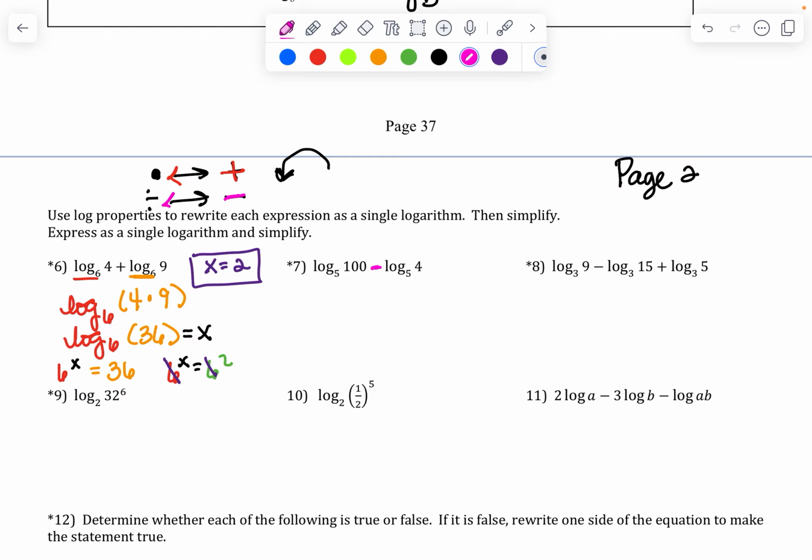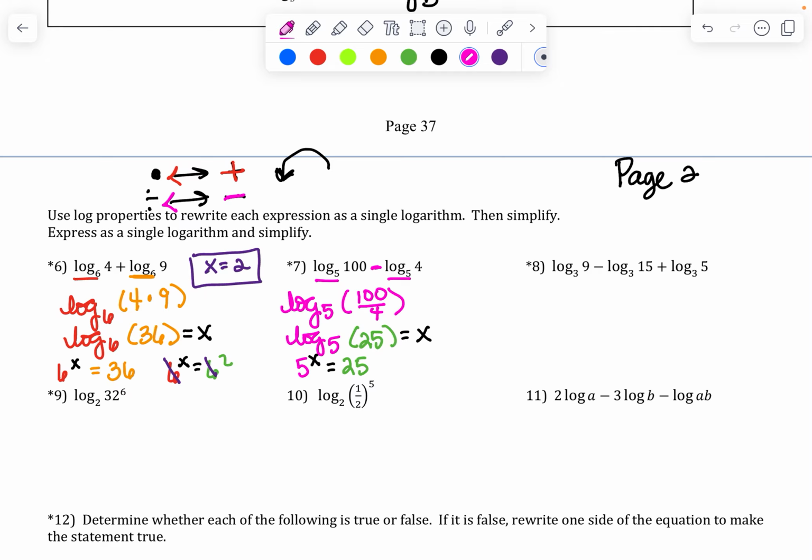So then let's jump down and let's do number 9. This is the one where you have your exponent that you can write now in the front. So now that is 6, and then log 2 with an argument of 32. Okay? I'm going to ignore the 6 for just a minute and continue with the rest of the problem because I know how to do that.